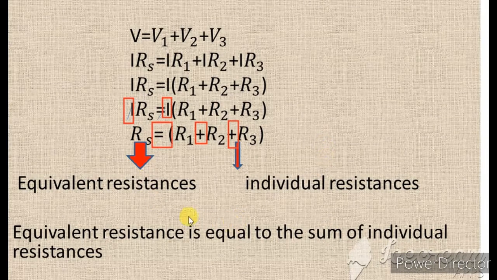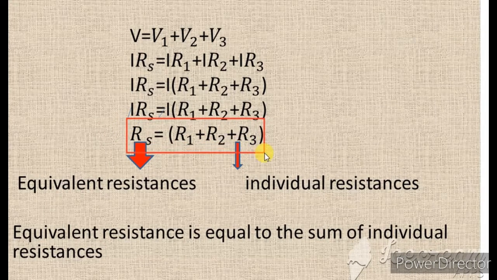So this is about resistors in series. So in resistors in series, we can say that the equivalent resistance is equal to the sum of the individual resistances. Okay.